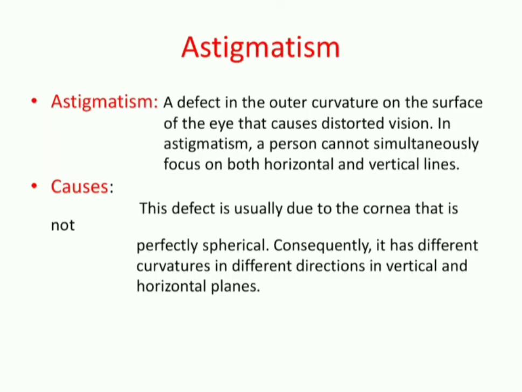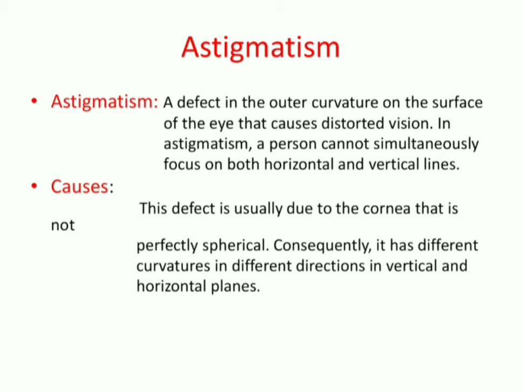Coming to the remaining two defects, one is astigmatism. This is a defect because of loss of curvature of the eye. Generally we need to have a certain curvature for a human eye. If the outer surface of the eye does not have the required amount of curvature, there will be distorted vision.